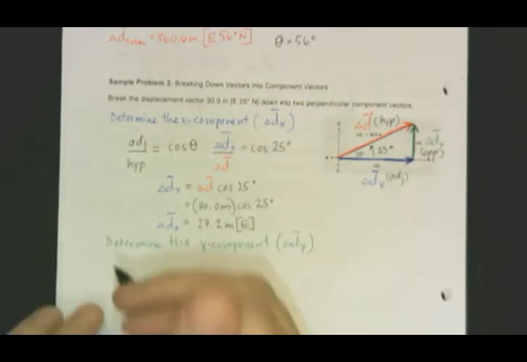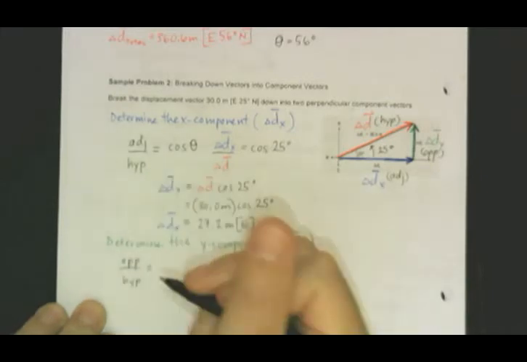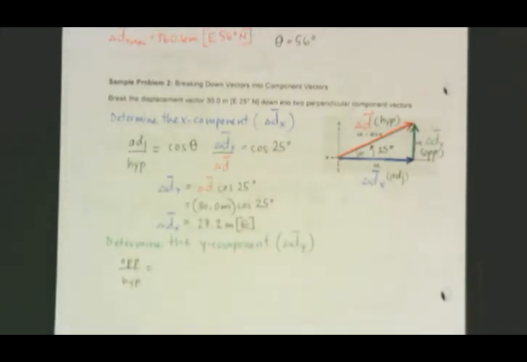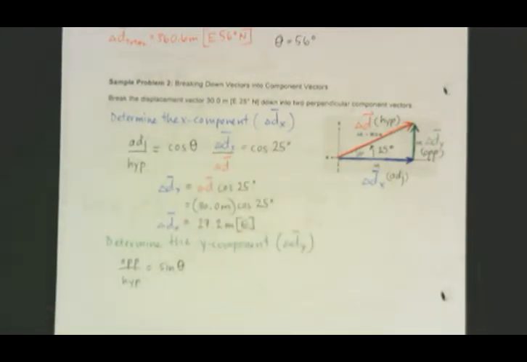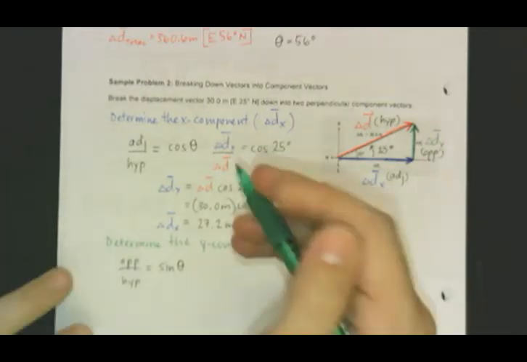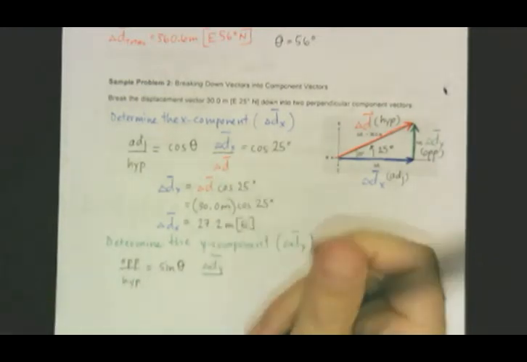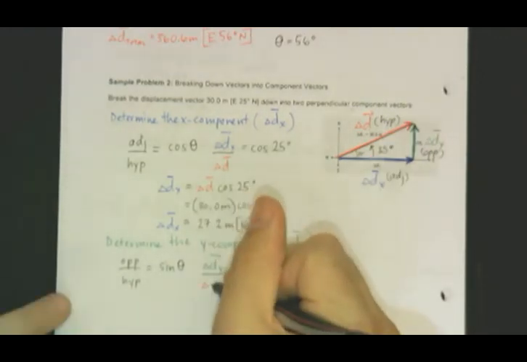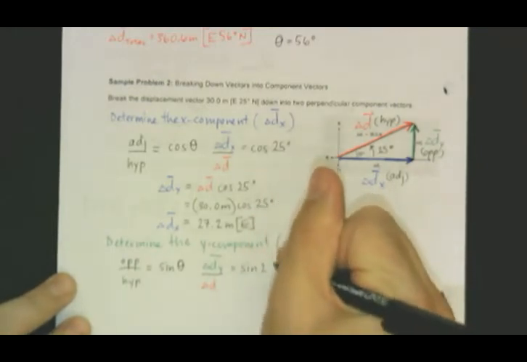So if we're looking at the ratio of opposite over hypotenuse, what trig ratio are we looking at? Opposite and hypotenuse. Megan? Good. If we rewrite this relationship with the symbols that we use, we have delta dy over delta d is equal to sine of 25 degrees.